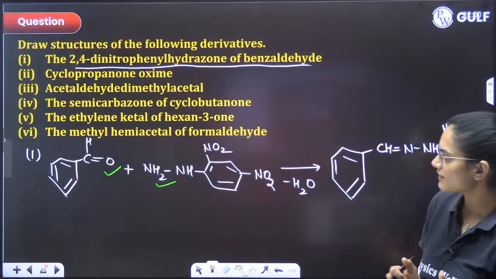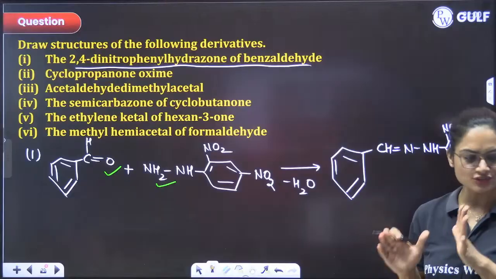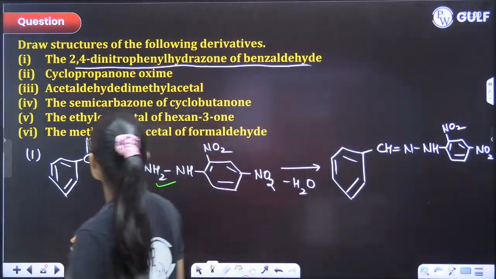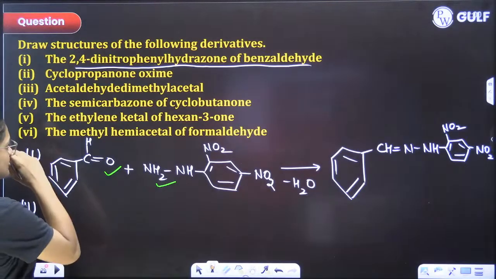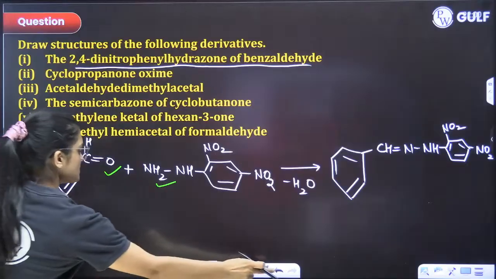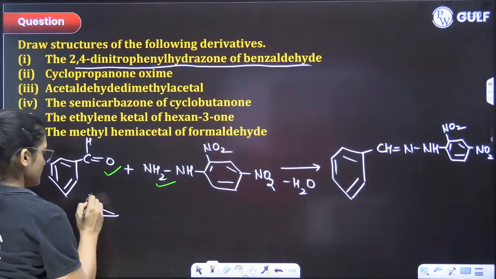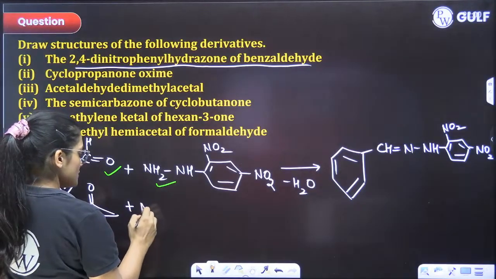Next, the second we have is cyclopropanone oxime. Oxime forms when you carry out the reaction with hydroxylamine, that is NH2OH. So in the second part, you have cyclopropanone. Cyclopropanone is this one, double bond O. And you have to carry out its reaction with hydroxylamine, which is NH2OH.